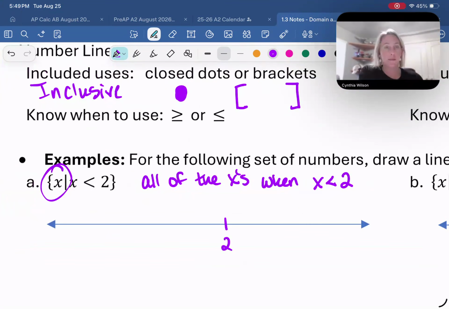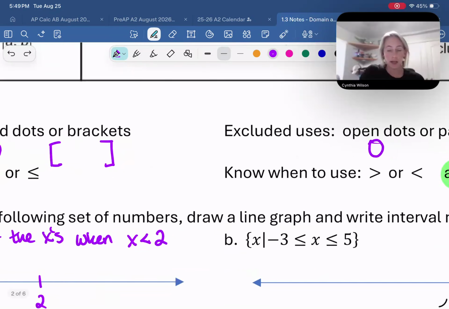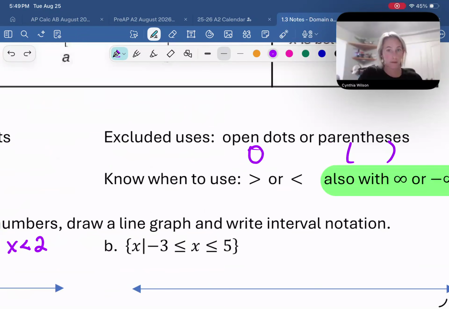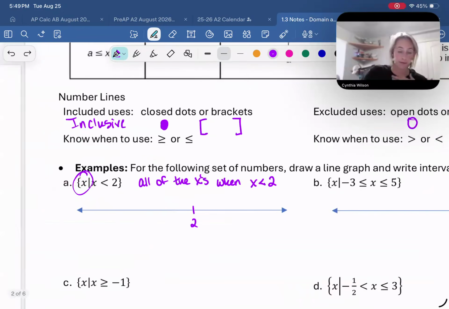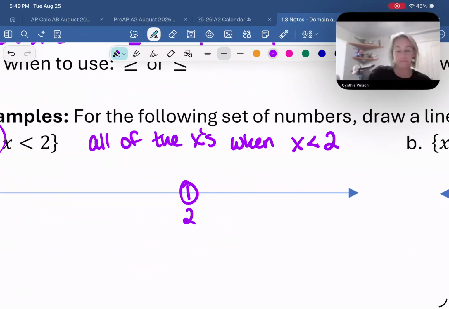All right. Then I'm going to look at the symbol. This is a less than. Less thans are exclusive. Okay, so I'm going to use an open dot on my 2. Okay, now I've got a choice. I'm either looking at the left side of my 2 or I'm looking at the right side of my 2. Okay, well, consider a number line real quick.